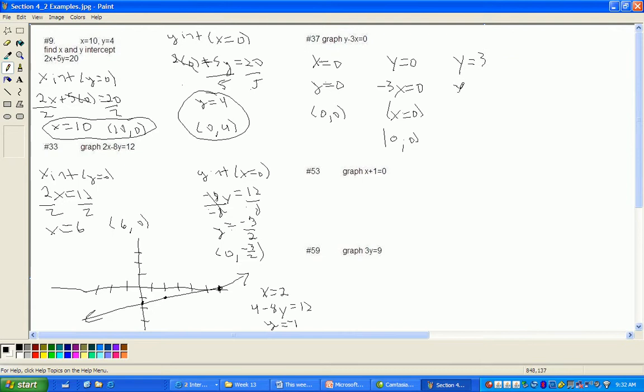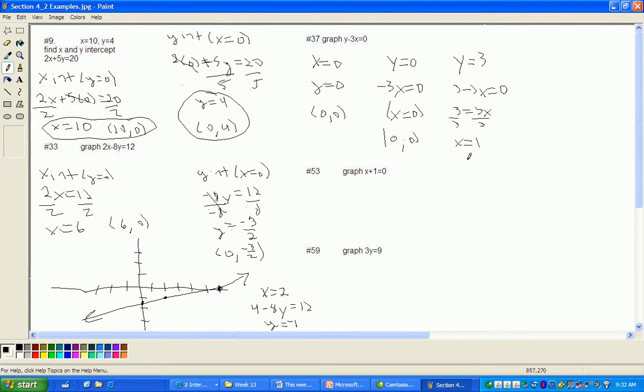Move the negative 3x over, so we get 3 is equal to 3x. Divide both sides by 3. X is equal to 1. So now we have the point x is equal to 1, y is equal to 3. That's enough for us to plot.